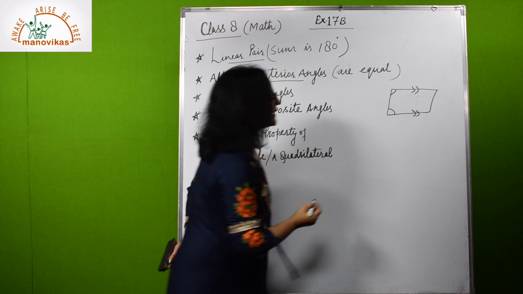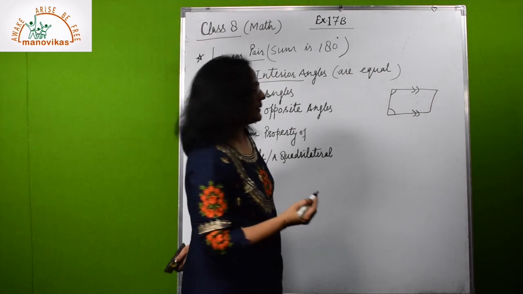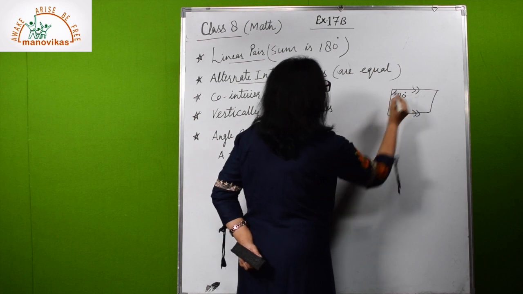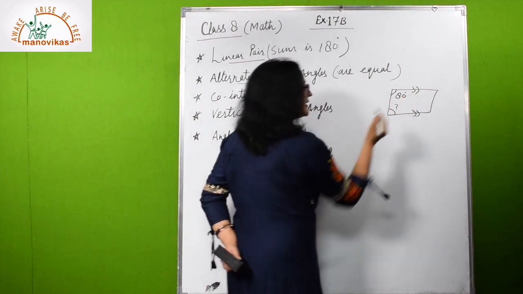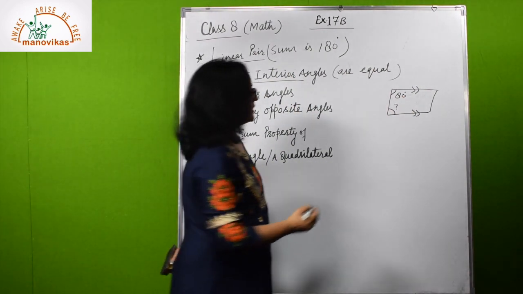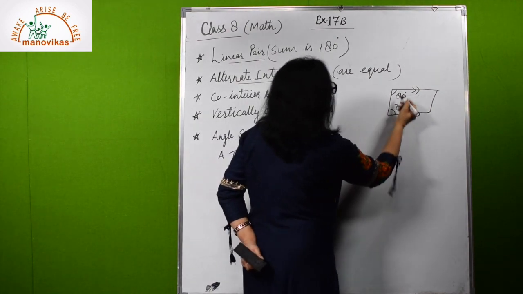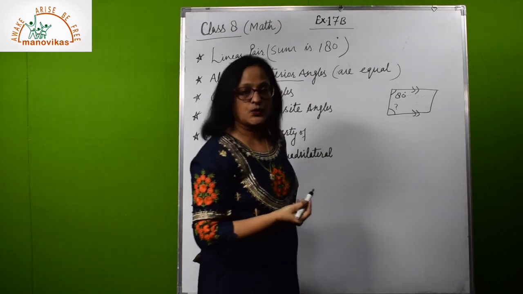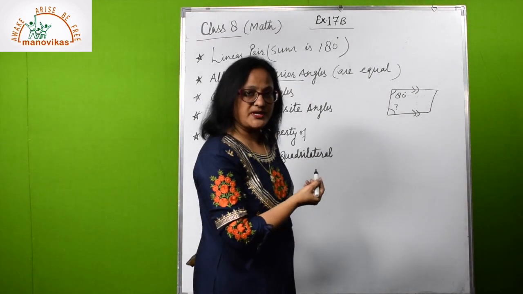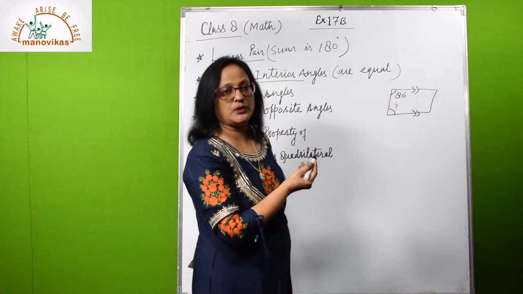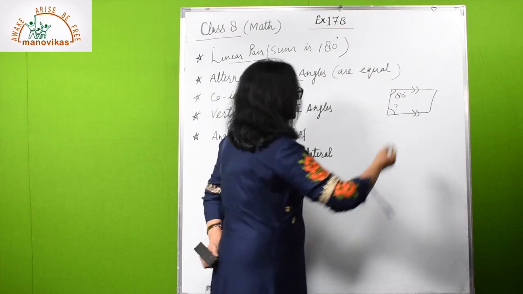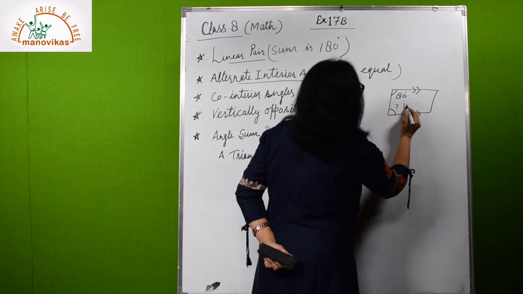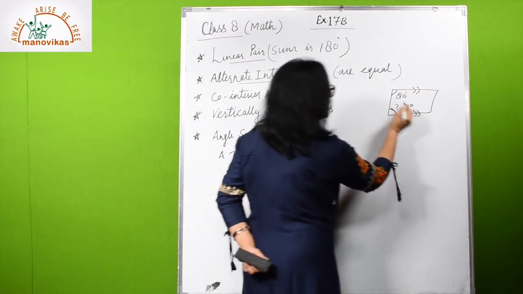So co-interior angles are supplementary, if you remember. So suppose here you are given this angle is equal to 80 degree and you have to find this angle. So you will use the property co-interior. Now you can see here these two angles are co-interior angles. So they will be supplementary, means their sum will be equal to 180 degree. So here you will use that sum. So 180 minus 80, this angle will be equal to 100 degree.